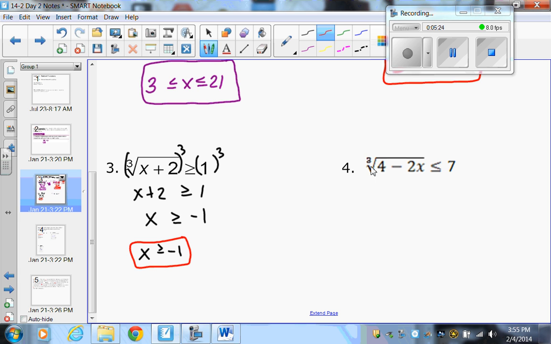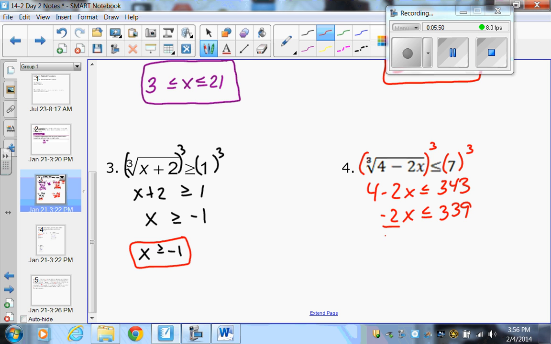Let's try another one. We have the cube root of 4 minus 2x is less than or equal to 7. So I'm going to cube both sides. That's going to give me 4 minus 2x is less than or equal to 343. Opposite of adding 4 is subtracting 4, so that gives me negative 2x is less than or equal to 339. Divide by negative 2.